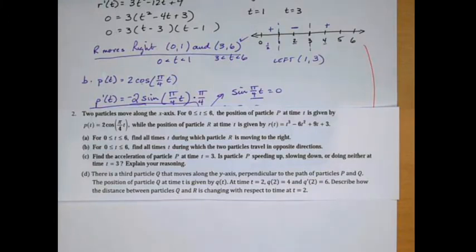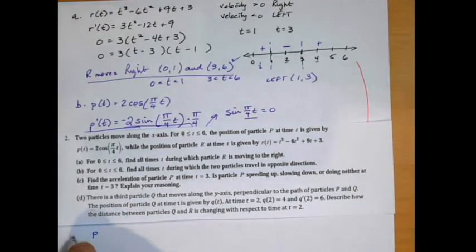Explain the reasoning. If we're looking for speeding up, slowing down, or doing neither, what we are basically looking at is how velocity and acceleration are moving. If they are opposite signs, then it's slowing down. If they are the same sign, it is speeding up. If one's 0, then it's neither. Okay? So what is happening in this case?